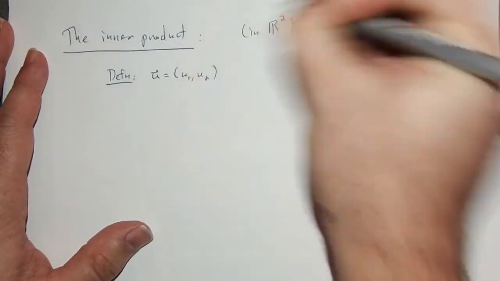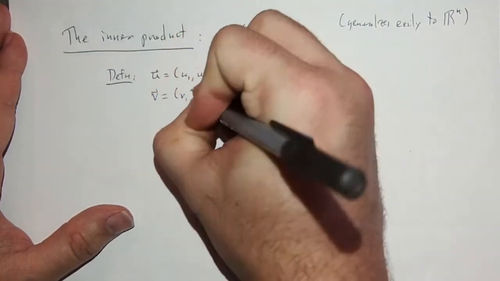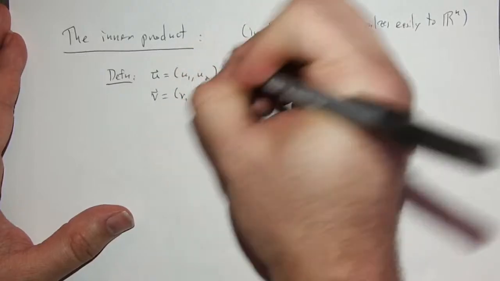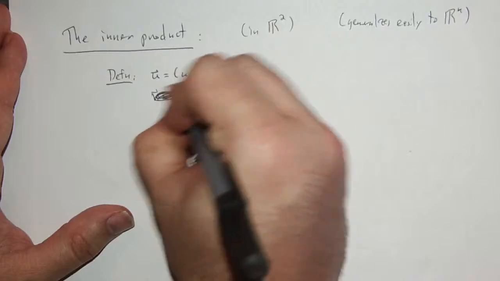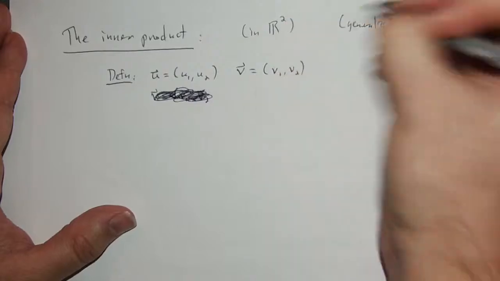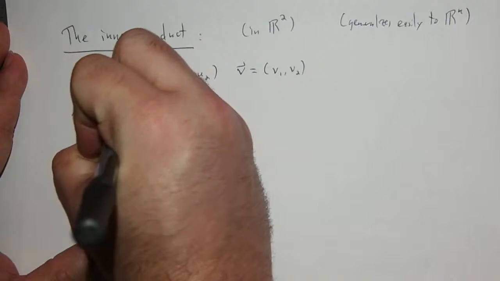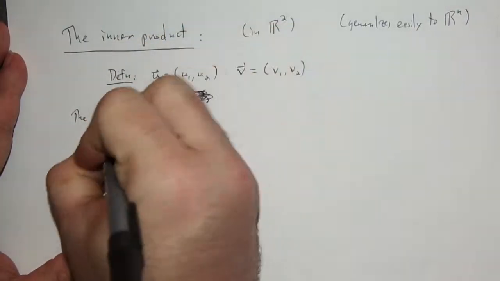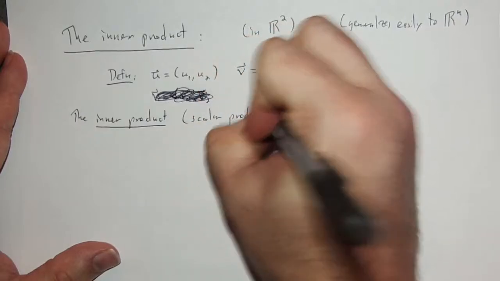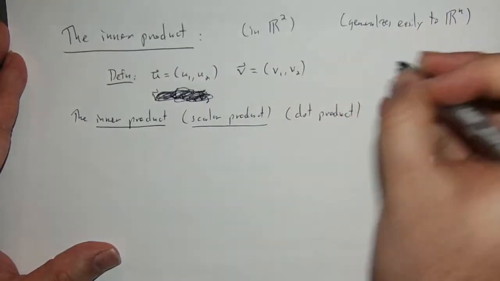So I have vectors u and v. We'll say inner product or scalar product or dot product, and we'll use those interchangeably.